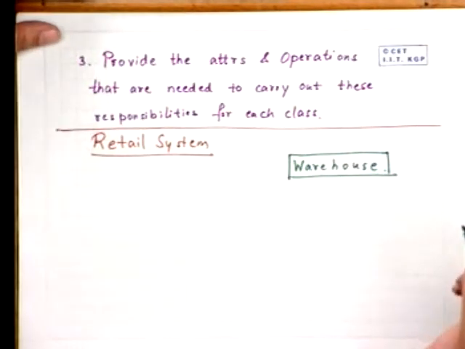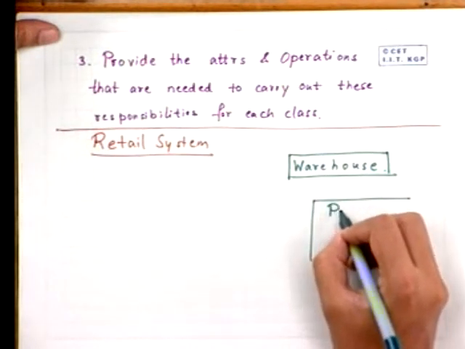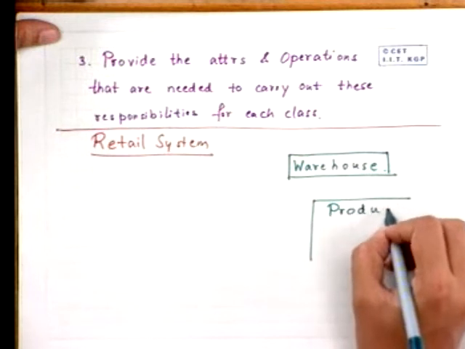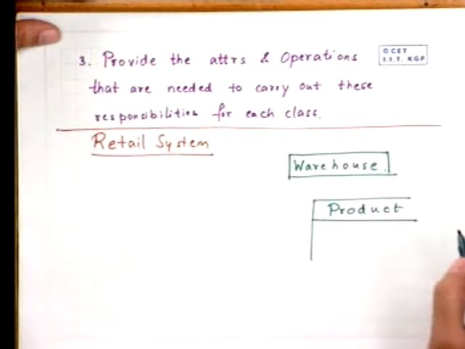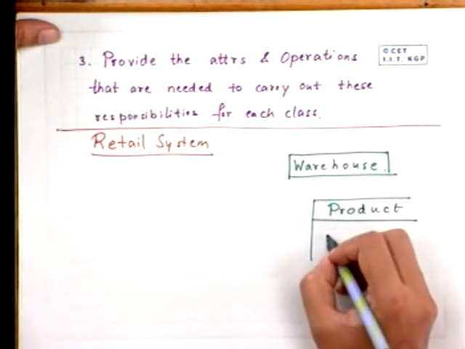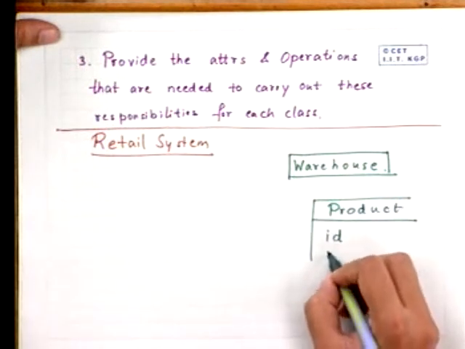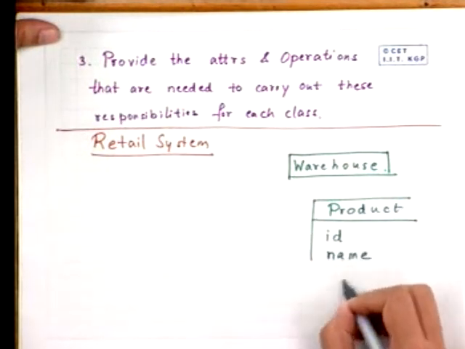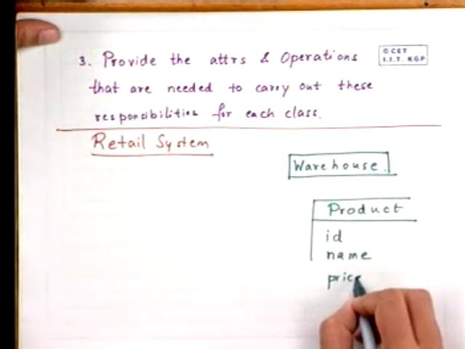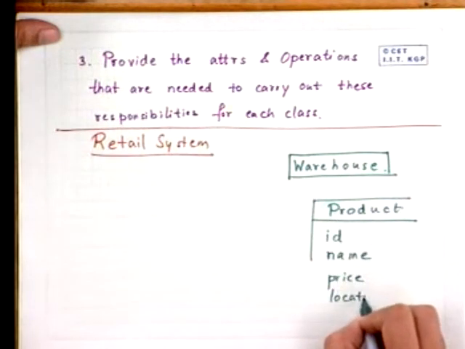Then we have the product. The product has some attributes, for example, ID, name, price, location.